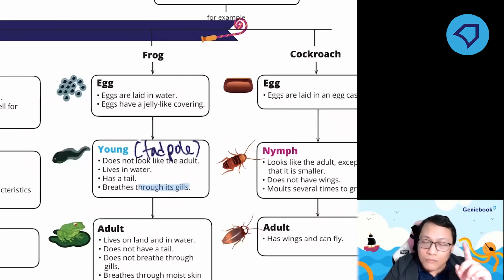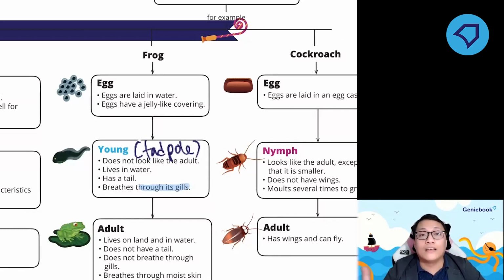And one more characteristic that you need to remember, they do not look like the adult. Even though the frogs have 3 stages of life cycle, their young, which are called the tadpoles, do not resemble the adult.